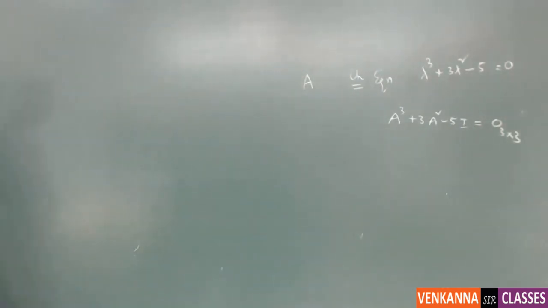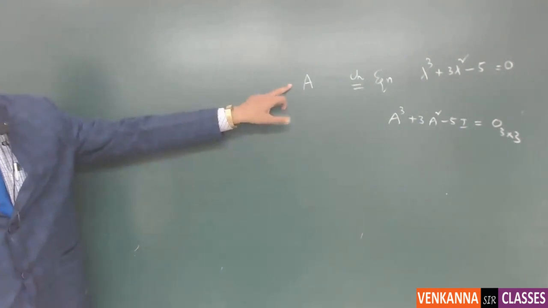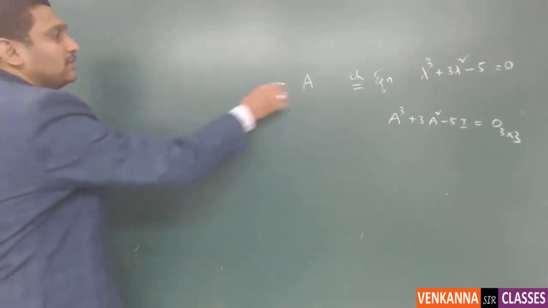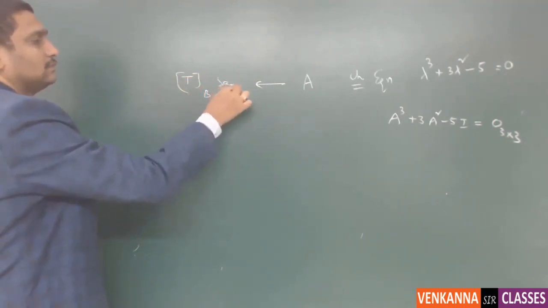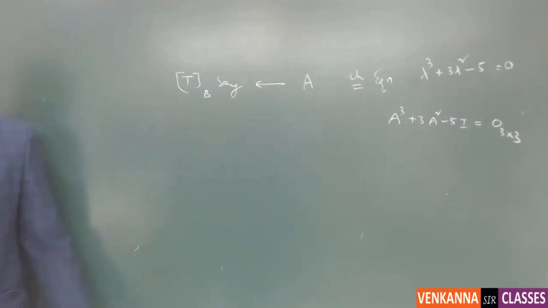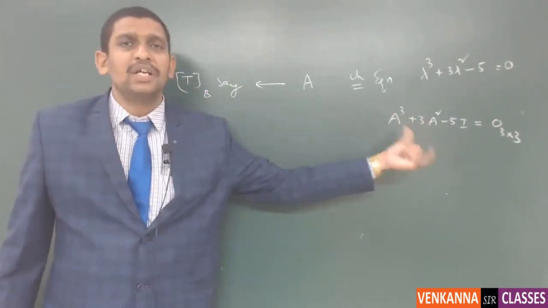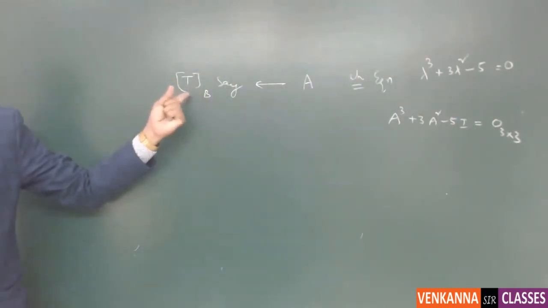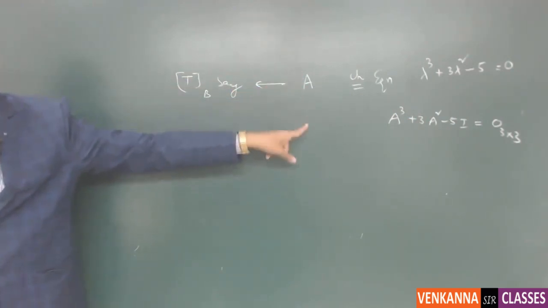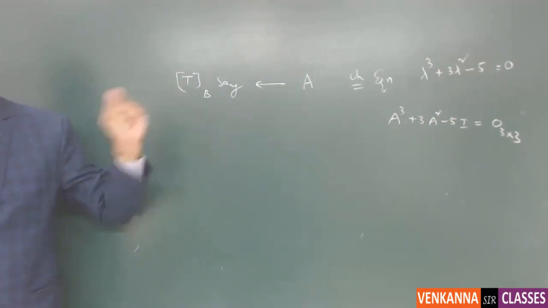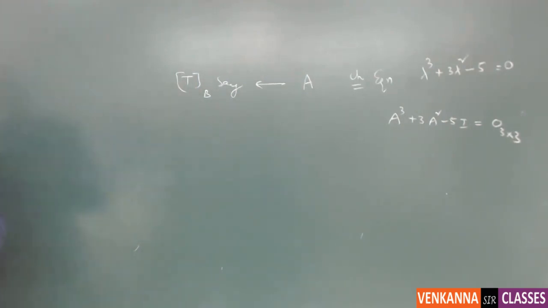If you know that this matrix is a matrix of a transformation, then the same equation will be satisfied by T. In other words, the characteristic equation of A is nothing but the characteristic equation of T. So the Cayley-Hamilton theorem also states that every linear operator T satisfies its characteristic equation.